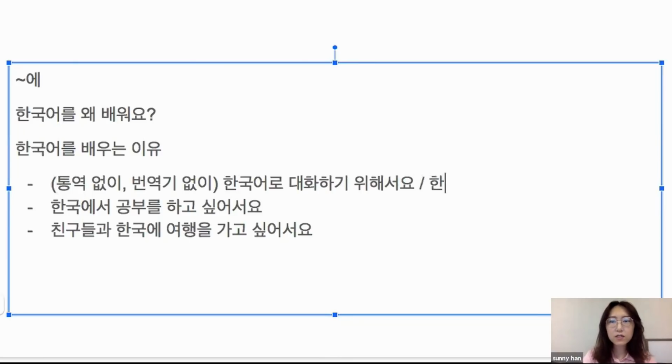You can just say 한국어로 대화하고 싶어서요. 한국에서 공부를 하고 싶어서요. If this is too difficult, you can just say 한국에서 공부하고 싶어서요. It's fine. 친구들과 여행 가고 싶어서요. 여행하고 싶어서요 is fine. Both are fine.